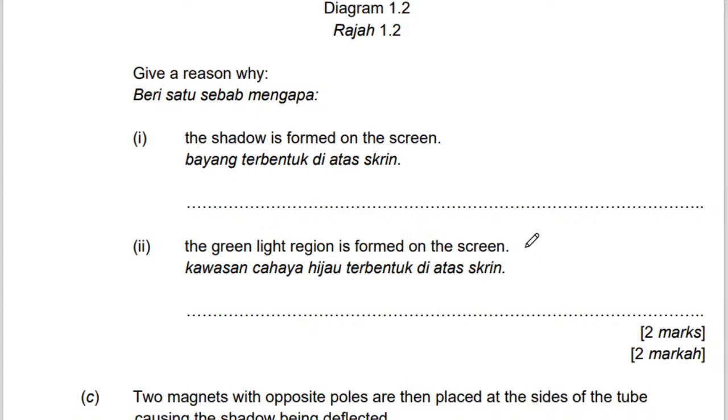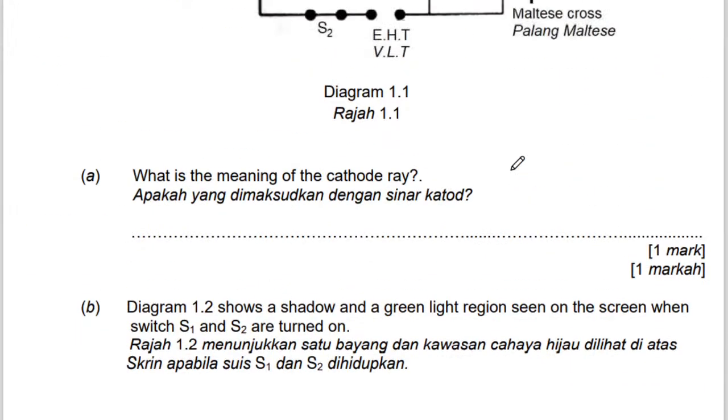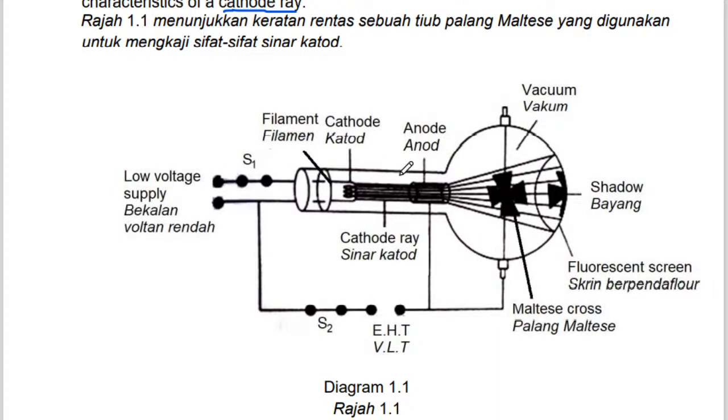Okay, now when we switch on S1, you see a shadow plus the yellow light. So it means that light travels in a straight line. And when you switch on S2, you see a shadow plus the green light. That green light is actually due to the electrons that move at high speed changing from kinetic energy to light energy.